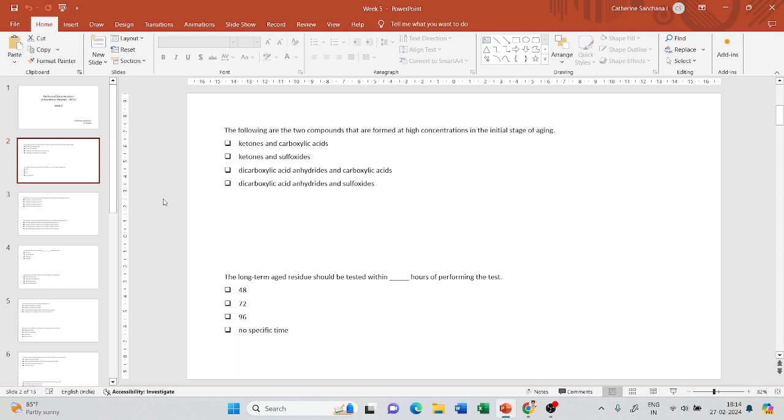These questions are in a random order. We will go in an order in which ma'am has given the lecture. So first we will finish questions on the chemical composition of bitumen. Then we will proceed to aging. And in aging also we will proceed in a sequential manner, as in we'll first proceed with reversible aging, then irreversible aging, and so on.